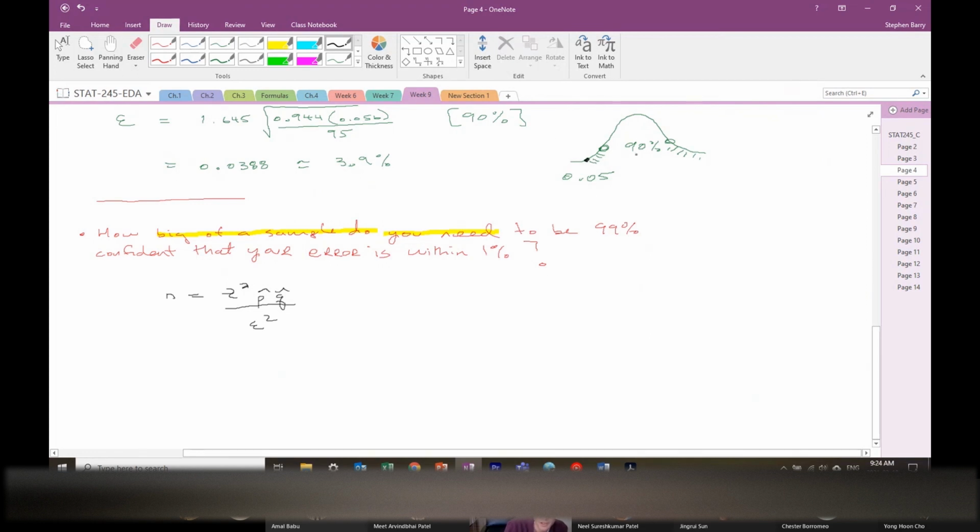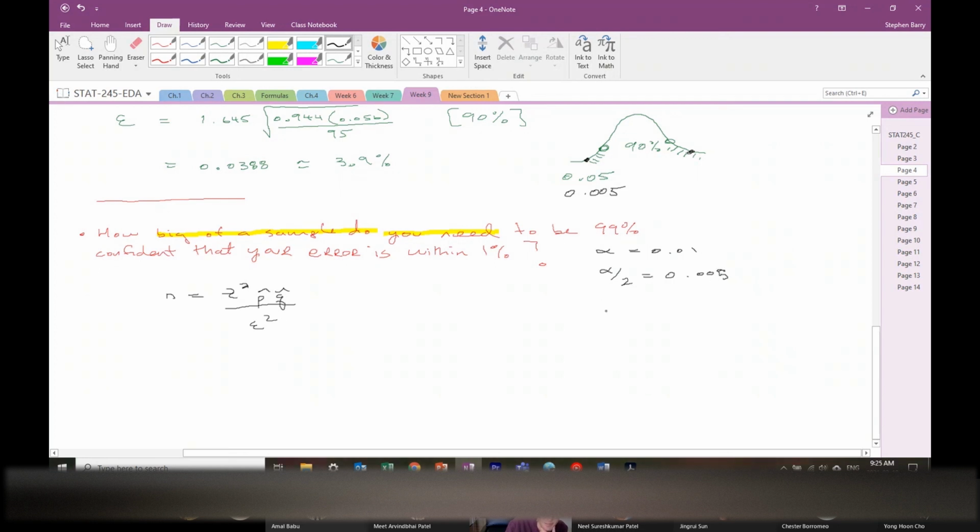Well, the Z-score for 99, we did that last time, I believe. Right, so that would mean I need something 0.005. With 99, our alpha value is 0.01. So alpha over 2, 0.005.